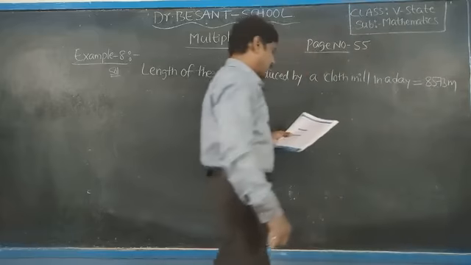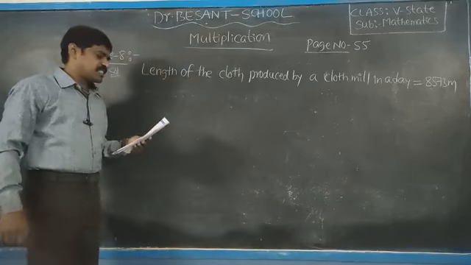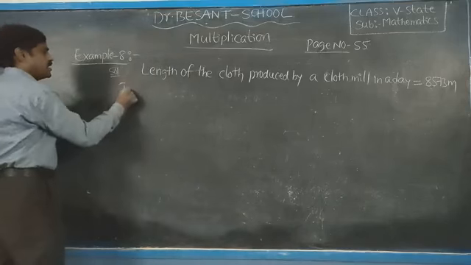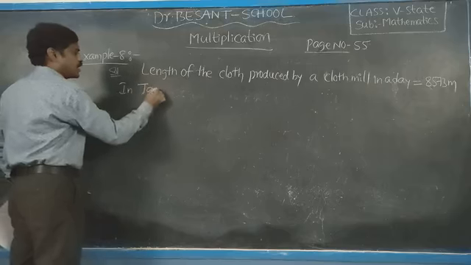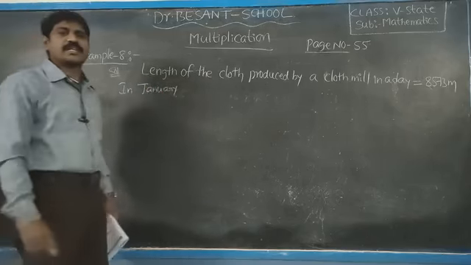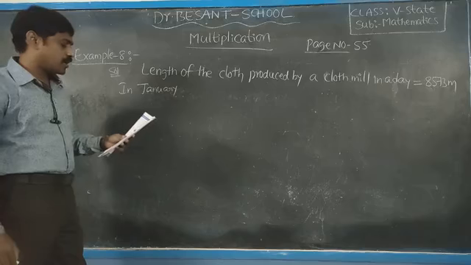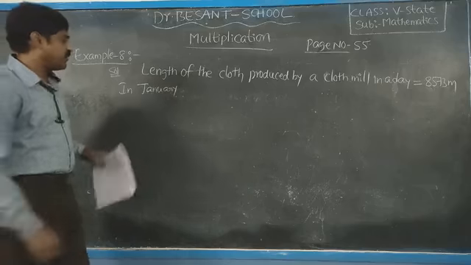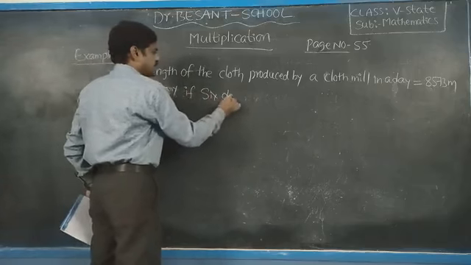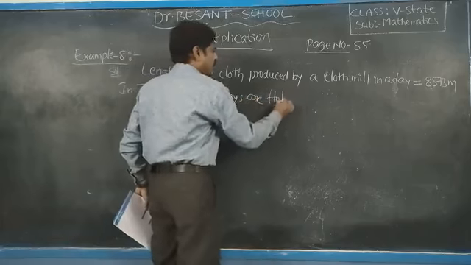8,573 meters. In January, if 6 days are holidays. So in January month, how many days? Number of days in January month, 31 days. So how many days are holidays? 6 days.